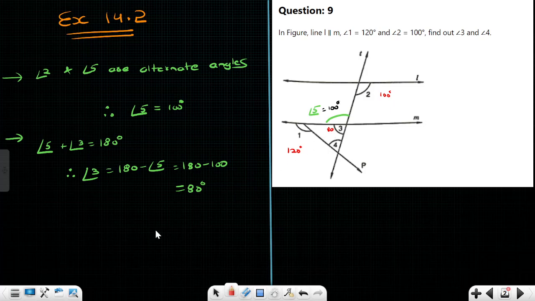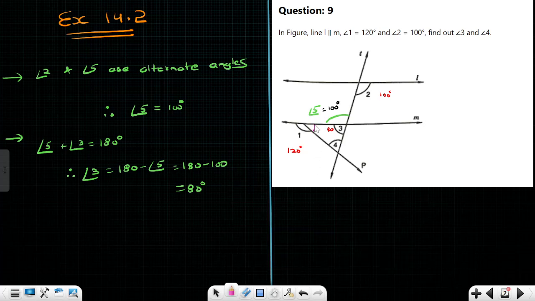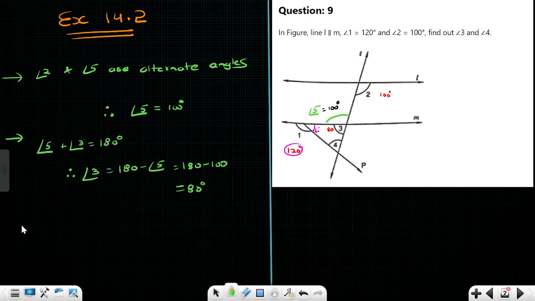So angle 3 is going to be 80 degrees. Clear? Now one more small thing, I wanted to take a small angle. See Akshita, if this is 120, then the small pink angle is going to be 60 because they add up to a linear pair, na? Correct, right? Now in that small triangle which I am taking out, see carefully, this angle is going to be 60, this angle we just now got is 80, and this is angle 4.